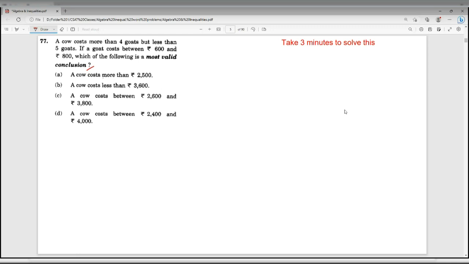So the first sentence says that a cow costs more than 4 goats but less than 5 goats. So let the price of each goat be G, and let the cost of one cow be C. From the statement that they've given, the cost of a cow is greater than 4 goats but less than 5 goats.